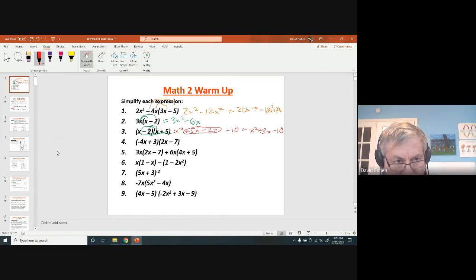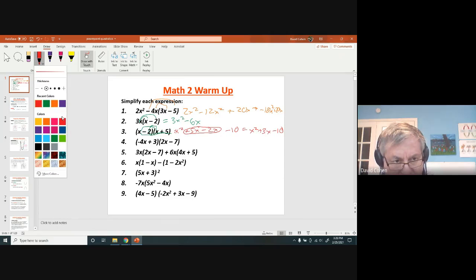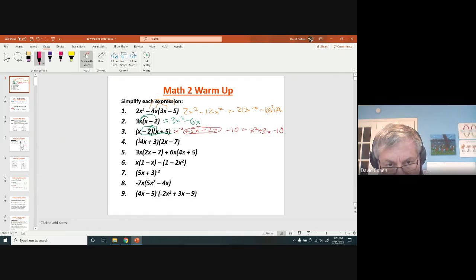Same idea on this one. We'll use the FOIL method one more time, and FOIL is really just distributive and an acronym that helps you remember what you're doing. So first, outside, inside, last. We have negative 4x times 2x is negative 8x squared.